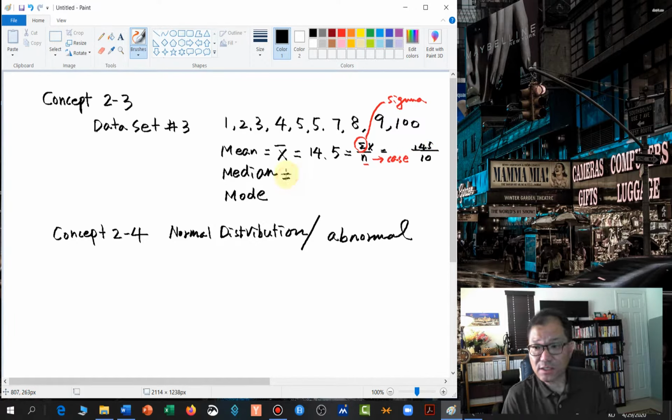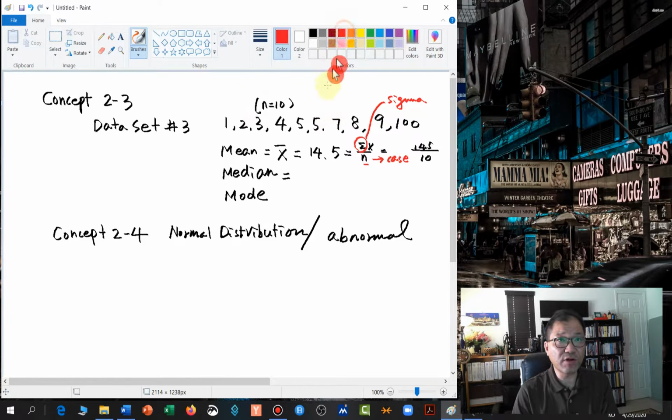So median is the number right in the middle of the distribution data set. I have 10 numbers, 1, 2, 3, 4, 5, 6, 7, 8, 9, 10. So this is n equals 10. So I have 10 cases. The number right in the middle is right here.